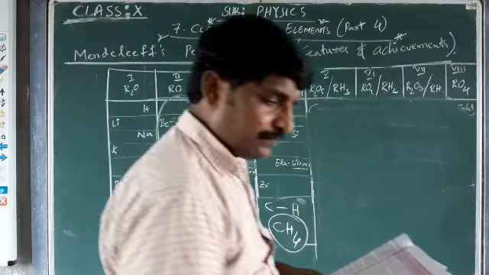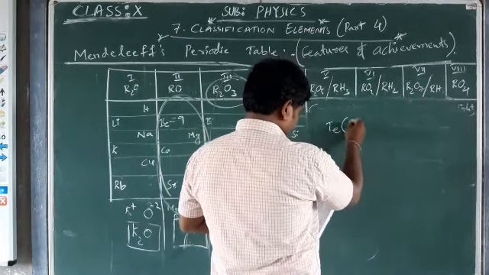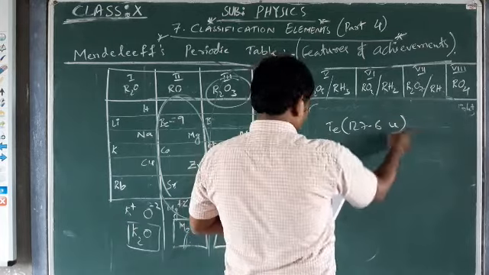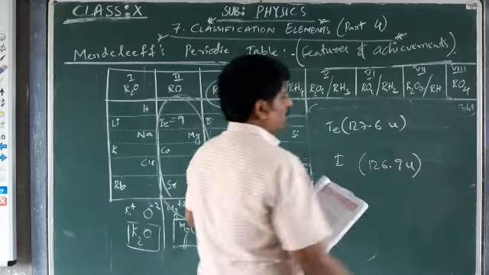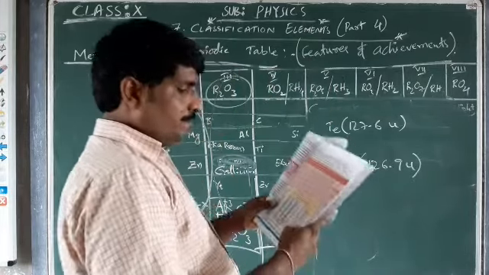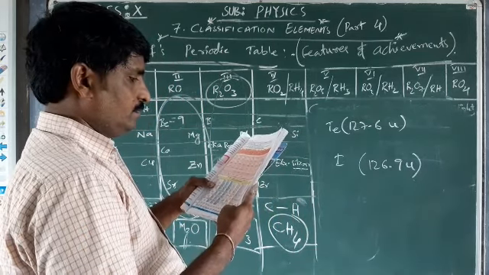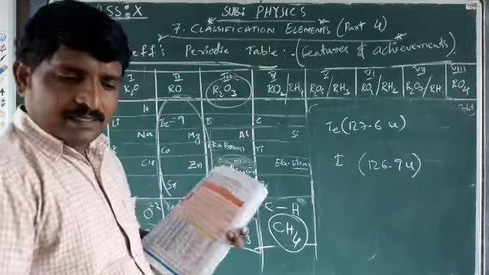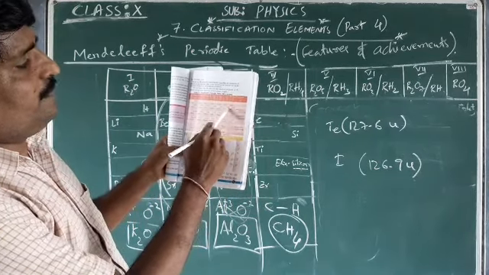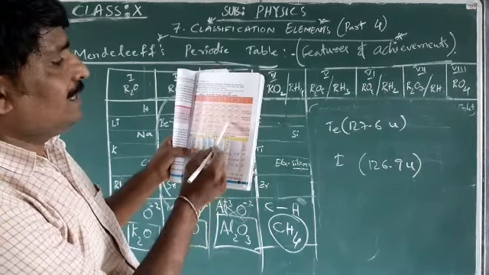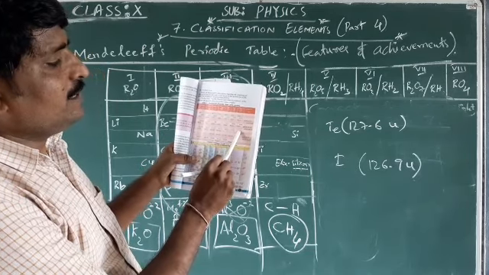In the anomalous series, the atomic weight of tellurium is 127.6 U, whereas iodine's atomic weight is 126.9 U. Okay, see the figure here, in this page, this table, the 6th and 7th groups if you concern. Tellurium at that time was taken as approximately 125 and 120.